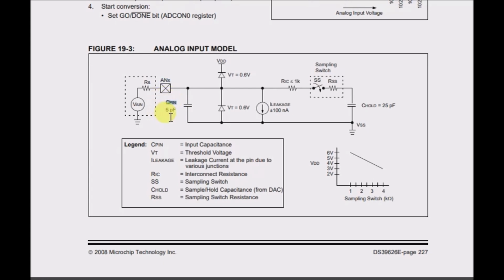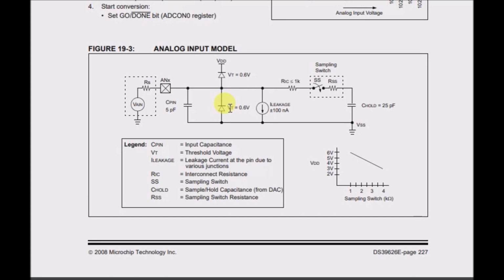CPIN 5 picofarad. VDD, and maybe this is the diode, so this is the power source. I don't know how these diodes work. And what's this?